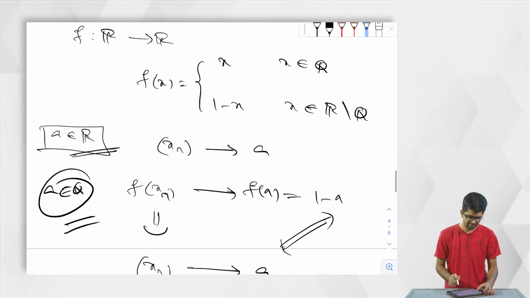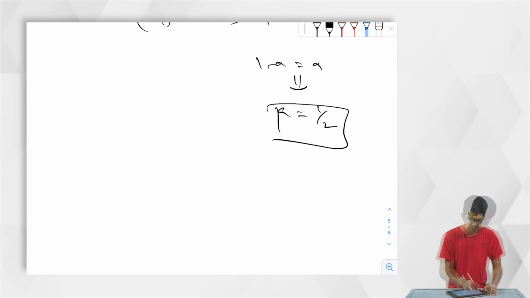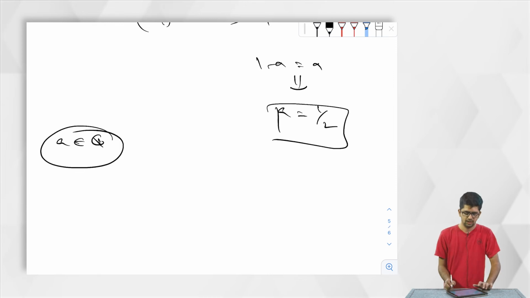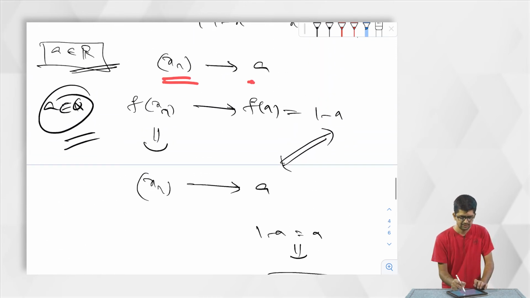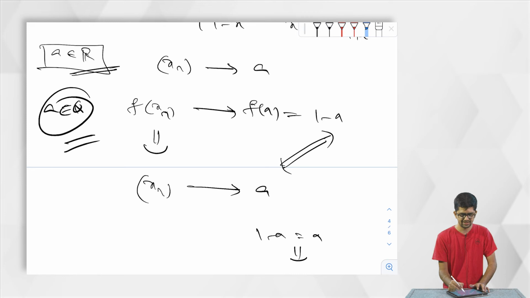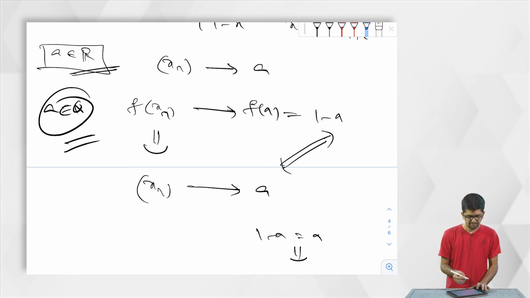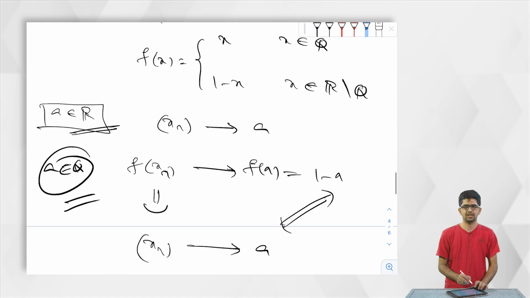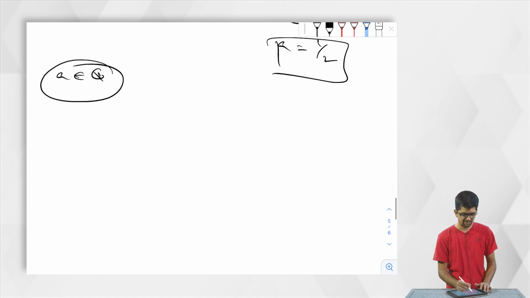So now what is remaining for us is to look for continuity at rational numbers. So let us take a to be a rational number. Now suppose we take a rational sequence that converges to a, then as I said just now, f(x_n) is the same thing as x_n, f(a) is the same thing as a, and we have the correct convergence. Now even if a is a rational number, there may be a sequence of irrational numbers that converge to this element a.